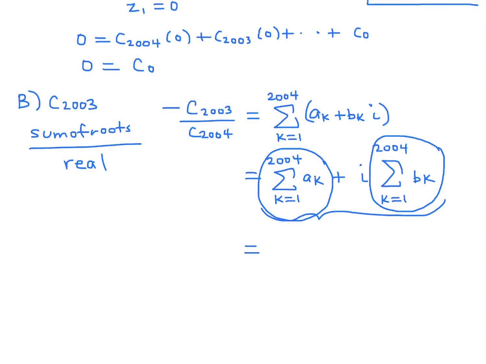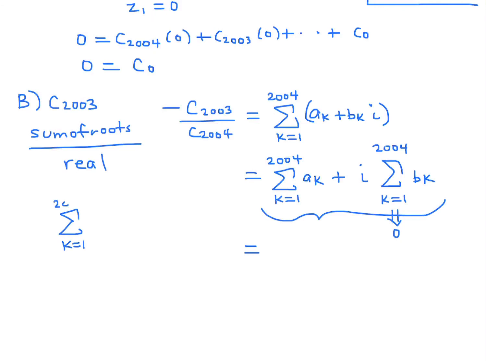We won't get anything with an i in it. That means it will be real. So the only way this can be real is if this is equal to 0. All right? So that means that the sum from k equals 1 to 2004 of bk must equal 0.